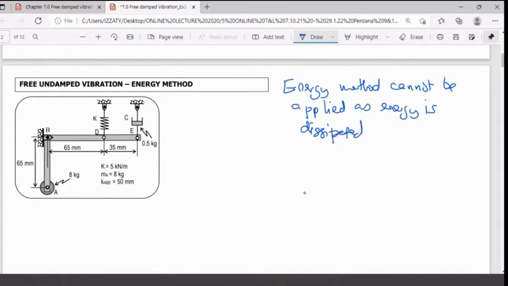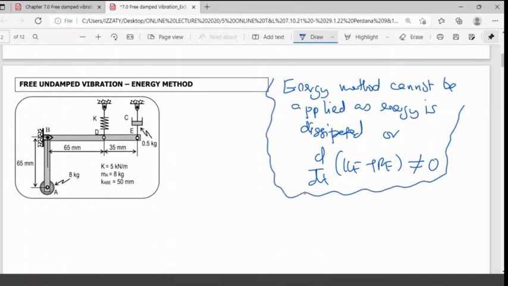Energy dissipated simply means that d by dt of KE plus PE is not equal to 0. Okay, it's not equal. So we cannot use the energy method.